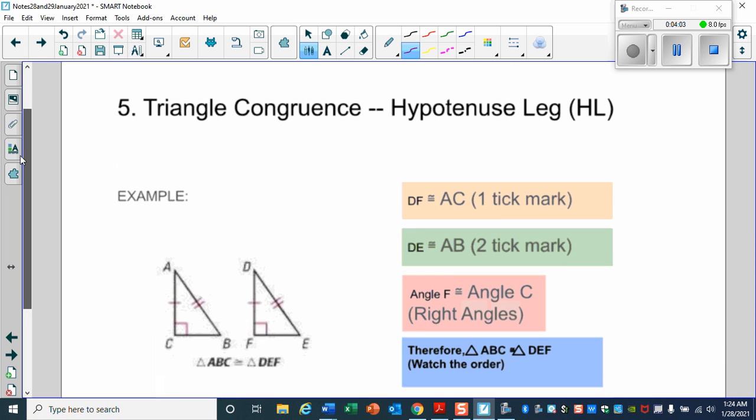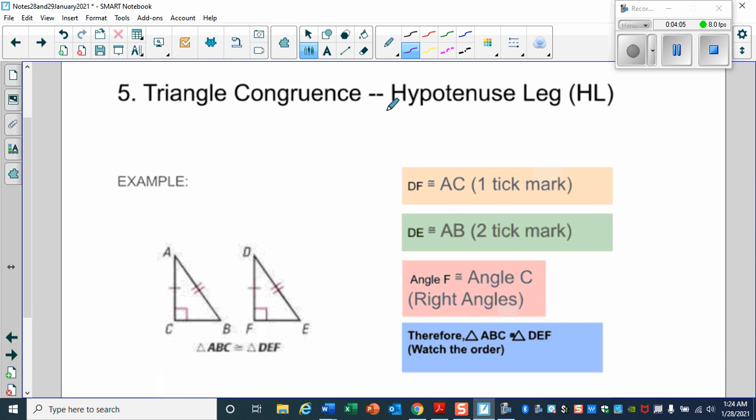We also talked about the triangle congruence for the hypotenuse leg. I won't see this too much, but the only difference is you have to have your hypotenuse, which is usually your longest side, across from the right angle in the right triangle.